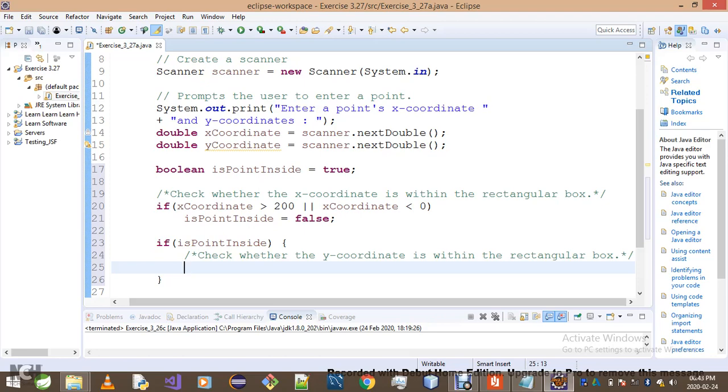Okay, as I just said, I'll do this in 2 steps. That's actually my first step, checking whether a point is within the rectangular box. So how do I go about doing that?